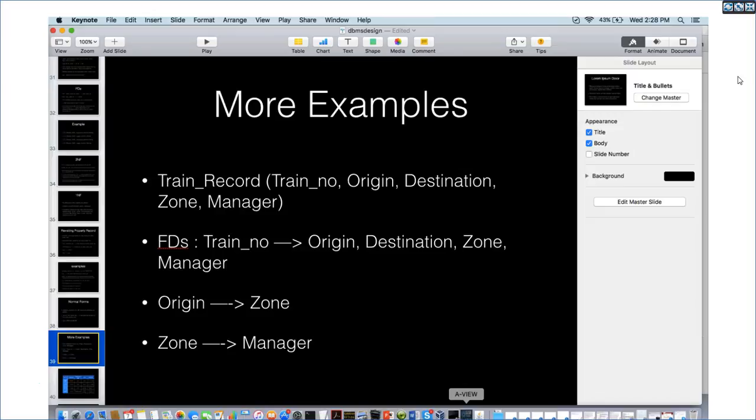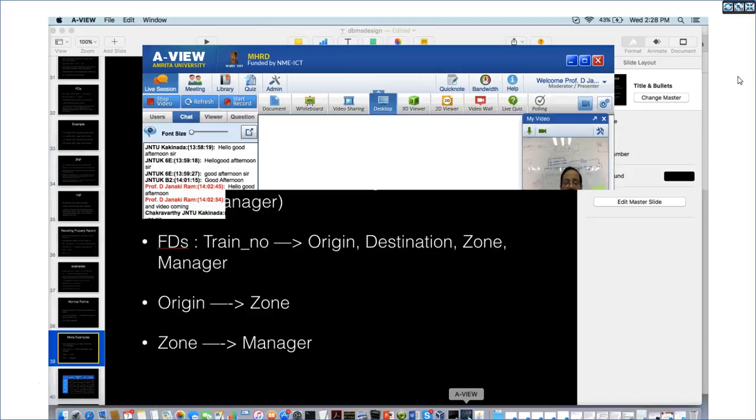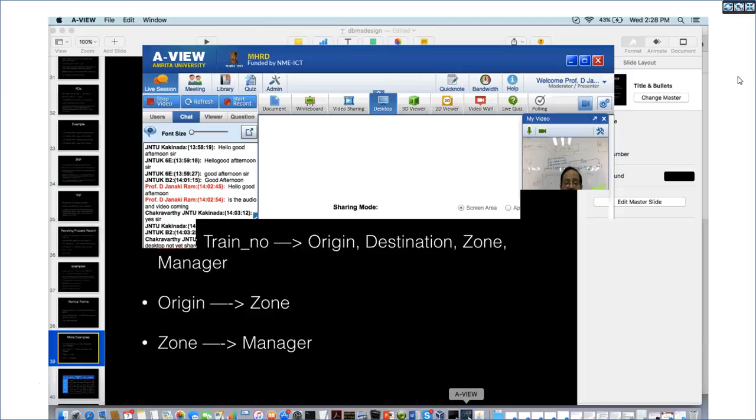I've just finished normal forms up to BCNF. I'm going to solve some problems for you, but you should tell me if you have any questions on the normal forms. Can someone solve this problem and tell me which normal form this relation is in?